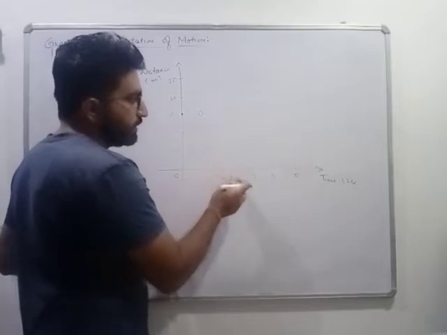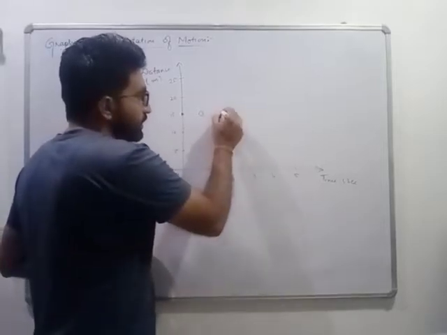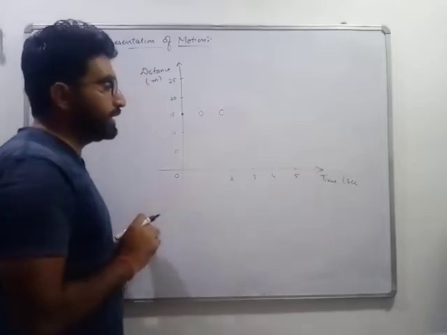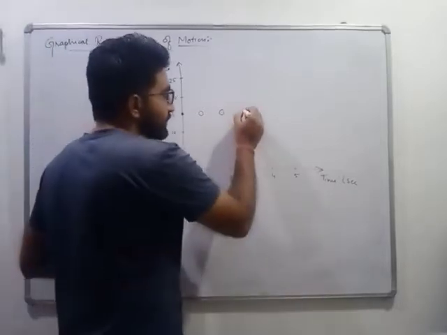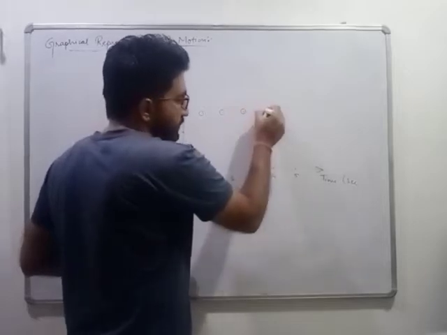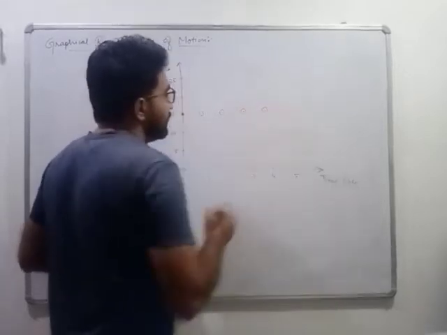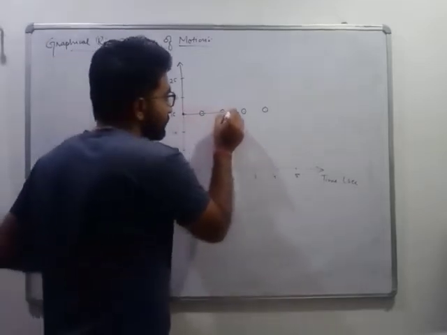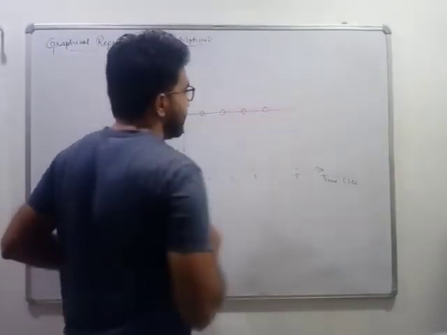After 2 seconds it has not moved from its position and has the same coordinates. Similarly, after 3 seconds it has the same coordinates, after 4 seconds the same coordinates. When we join these coordinates, we will have a straight line.